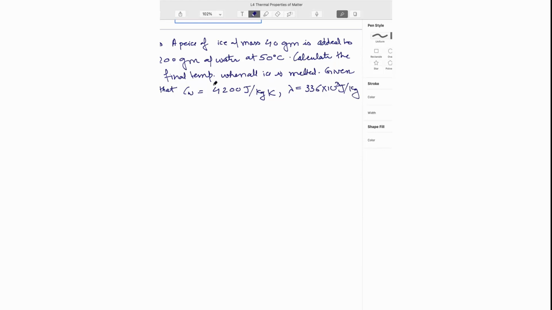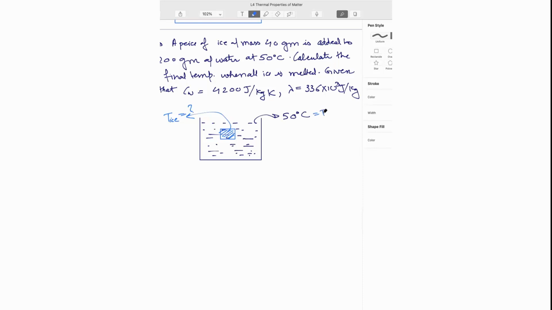So we have water at 50 degrees centigrade, and ice is put inside the water. The temperature of the ice we don't know. We need to find the final temperature when all the ice is melted.